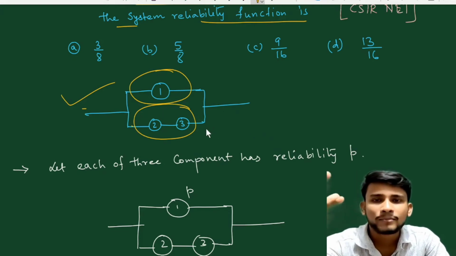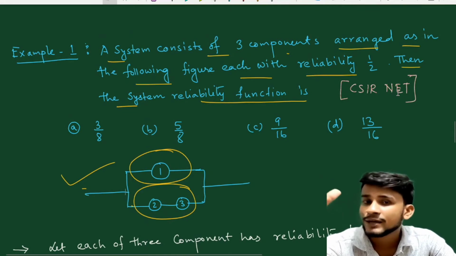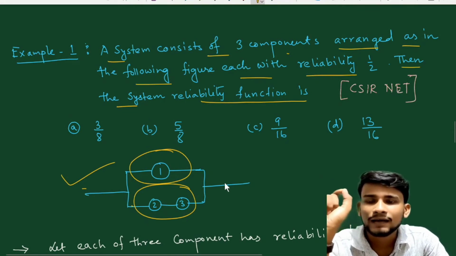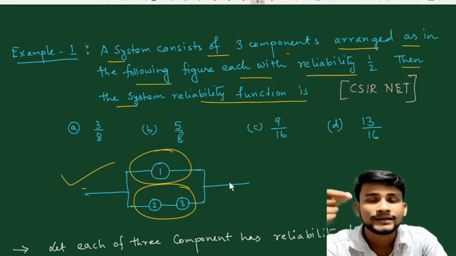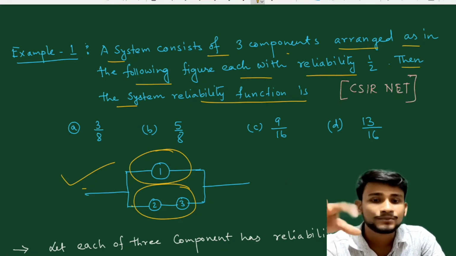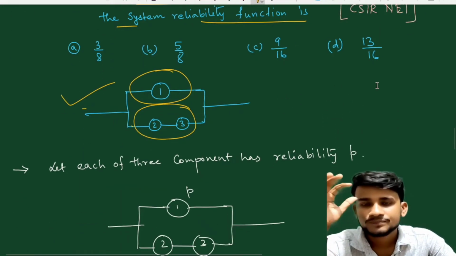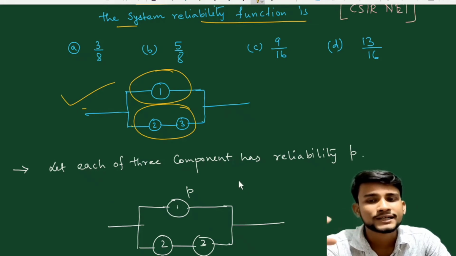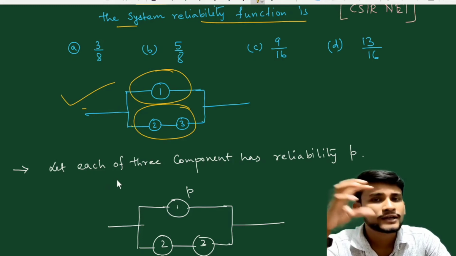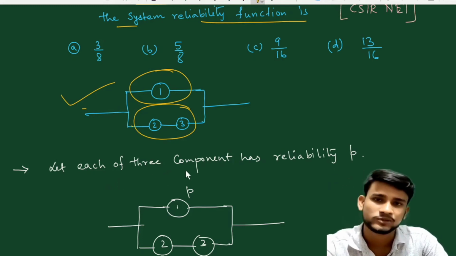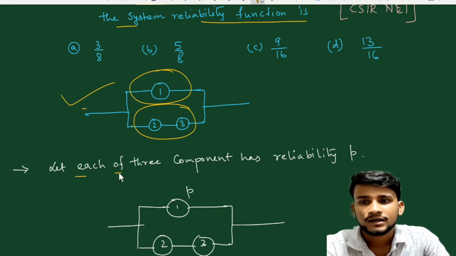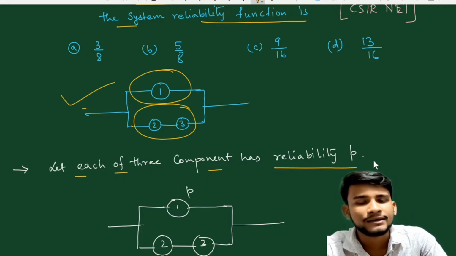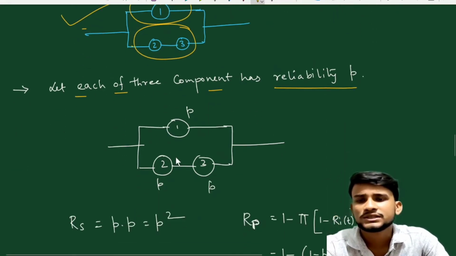For this type of problem we first calculate the reliability function with a general reliability. Suppose the general reliability is p, which is a probability. We always take the general reliability, calculate the reliability function for the system, and then put in the value. So let each of the 3 components have reliability p.